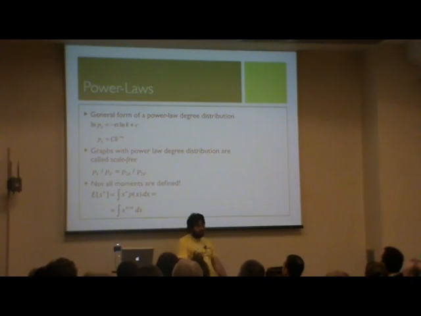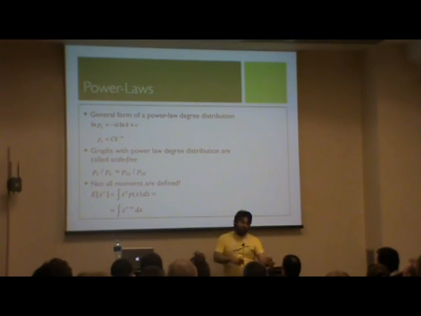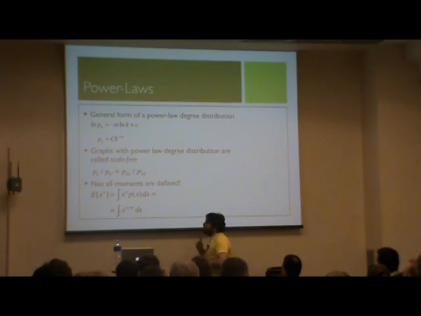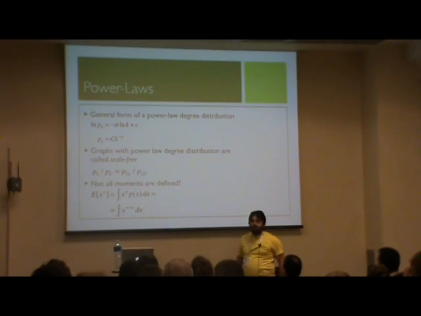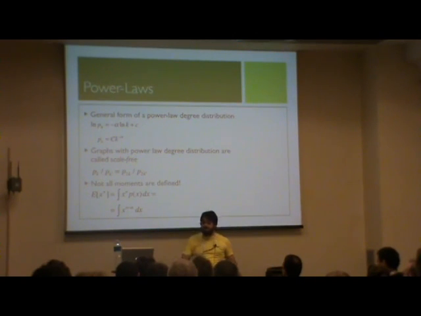The problem is that most networks, if they really are power laws, and I'll show you why it shouldn't be assumed, have an exponent of 1.6, 2, 2.6, 3, something like that most of the times.